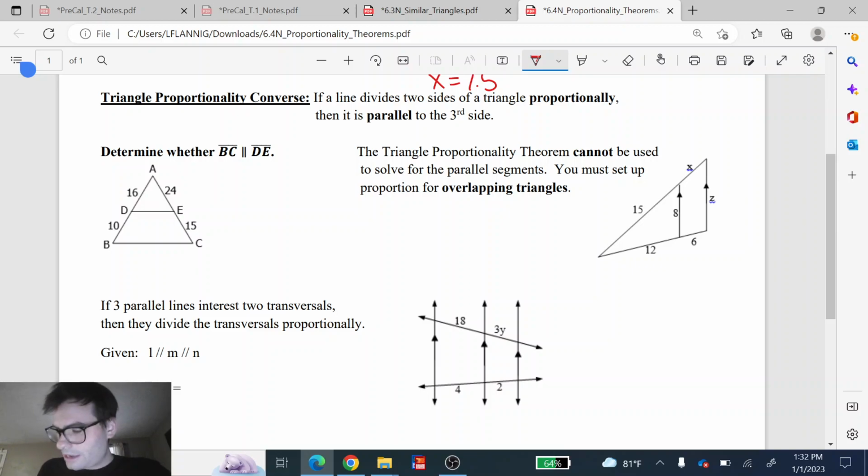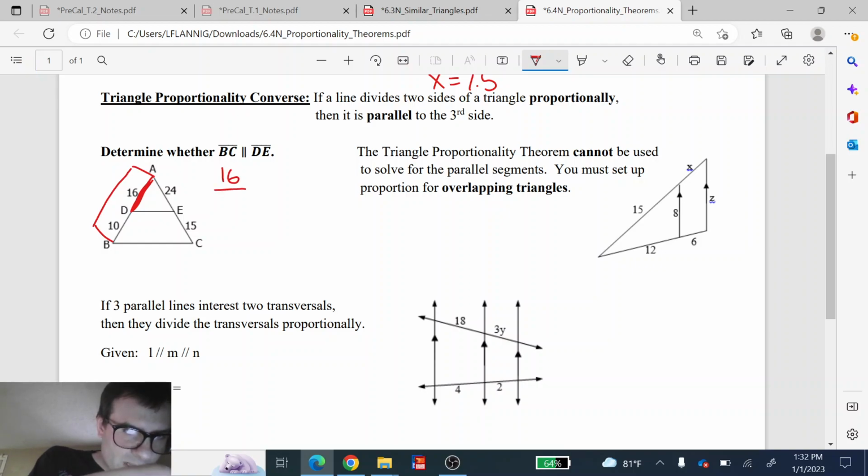So what you have to do is say, okay, this small triangle side, 16, plus 10 for the large side, so that's 26. That's 16 plus 10, because that's the whole side right here.